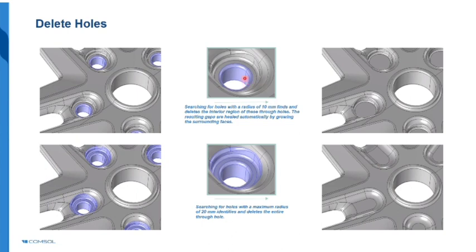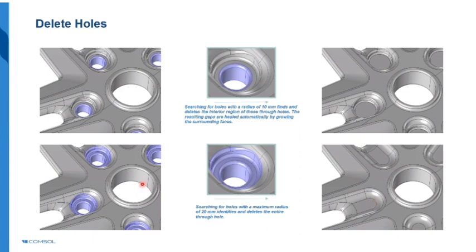So in one case you can see that this internal hole is just getting closed, and this is the end object that you get. Whereas if you increase the radius, that is, delete holes which are smaller than the specified radius, in that case you can see this is the end object that we have.